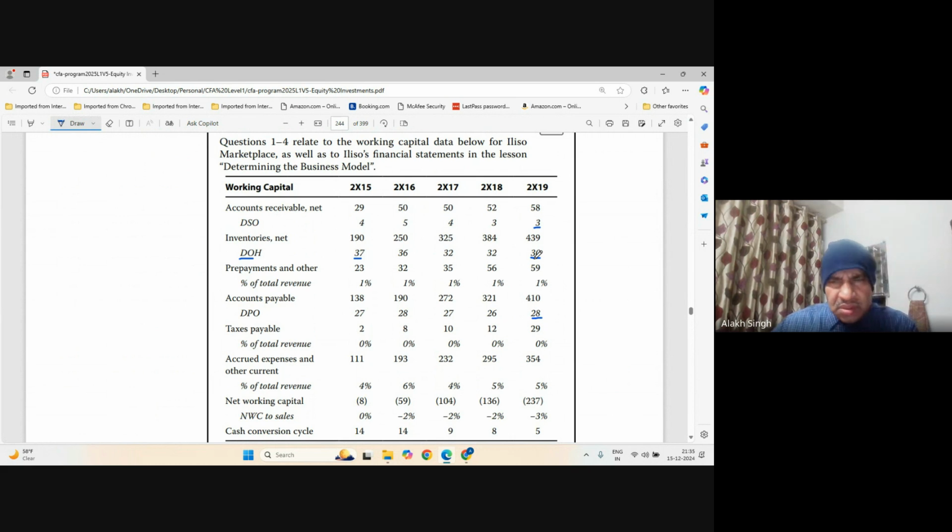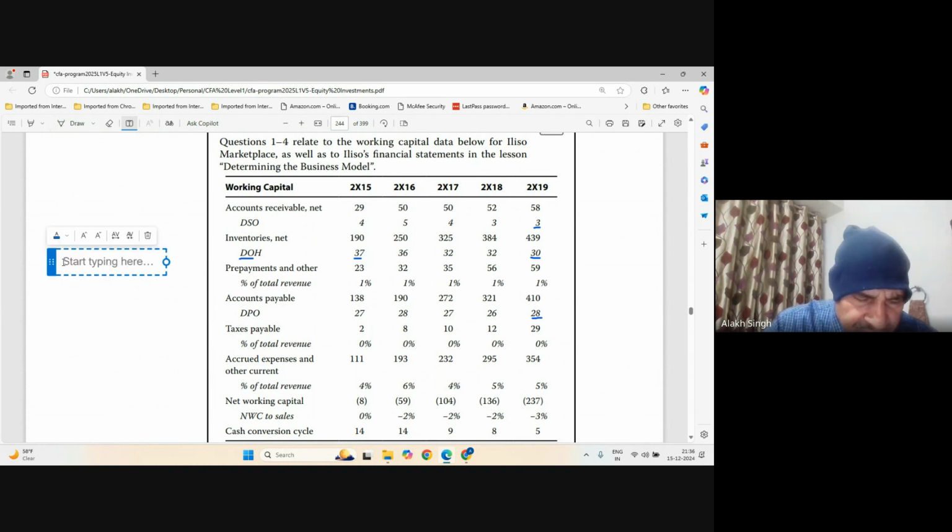So DOH plus days sales outstanding, and days payable means we are not paying them, so that will give us our money. If we are not paying, then we have cash. So DSO plus DOH minus DPO is our net working capital, net days working capital.